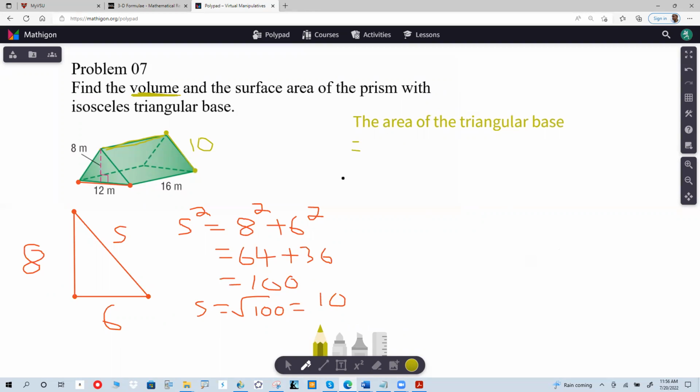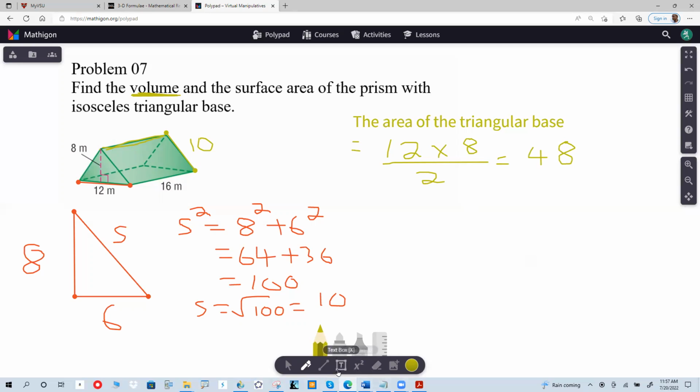The base of the triangle is 12, the height of the triangle is 8, and you divide it by 2. I think it'll be 48. I'm going to check it once again. So this triangle here has an area of 48, and there are 2 of them.